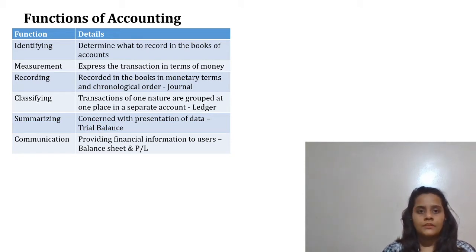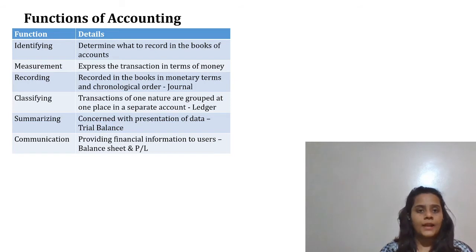Next is summarizing. By way of installments, during the whole 12 months of an accounting period, you have paid 12 installments of rent, 12 installments of insurance, you have made multiple purchases, multiple sales, etc. So, at the end of the year, a trial balance is made where all the expenses, all the incomes, all the assets, and all the liabilities, the total figure of each of the components, are shown in a summarized form.